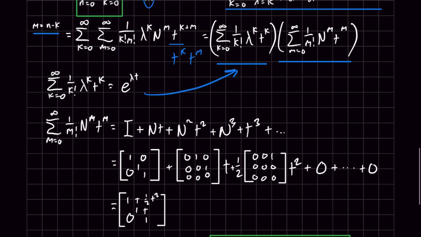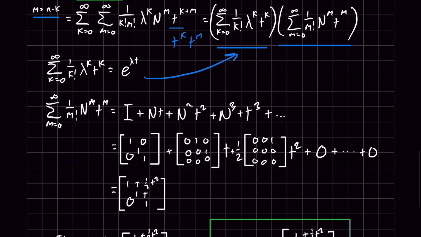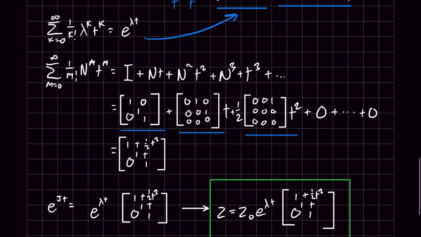And if we break this up into, let's say, the first 3 powers, we'll get I, which is going to be this, plus Nt, where N is nilpotent, so t with a 1, and then 1/2 of N squared, which is going to be 0 with a 1 at the very top corner. And after that, remember, everything becomes 0. And what do we end up with? Well, we end up with this matrix.